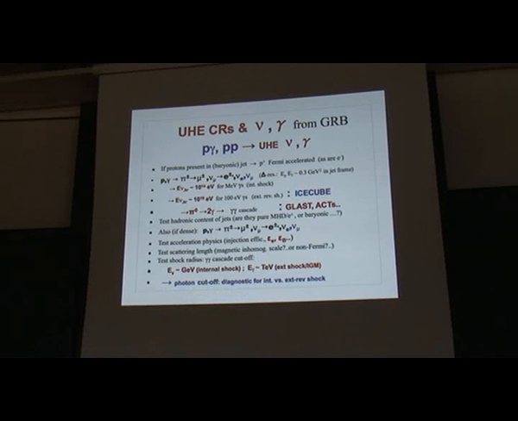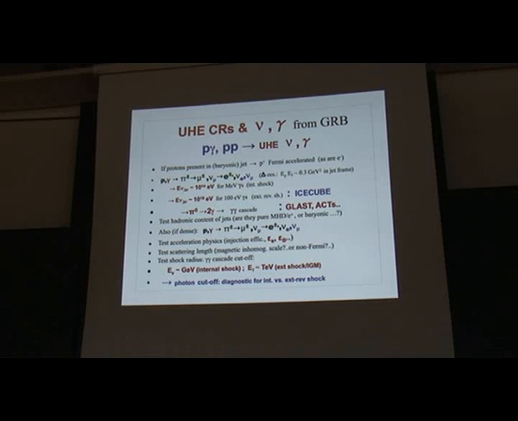Now, when you're accelerating electrons to produce photons, and that picture seems to work, you expect also to accelerate protons, and relativistic protons will then interact with other thermal protons or with the ambient photons, the gamma rays, the X-rays, etc. And then you'll create pions, and the pions will produce muons, and then muon neutrinos, and then electron neutrinos, plus the neutral pions.